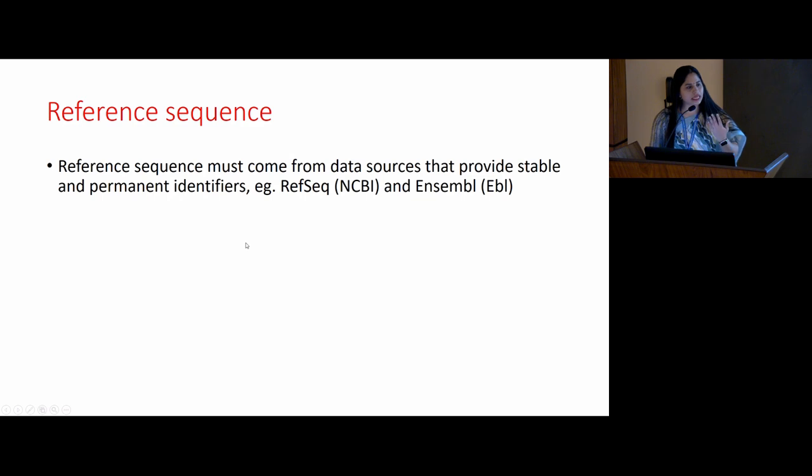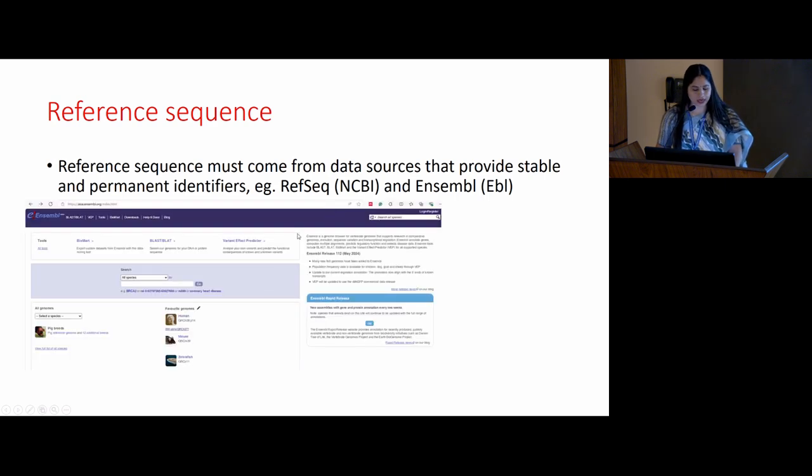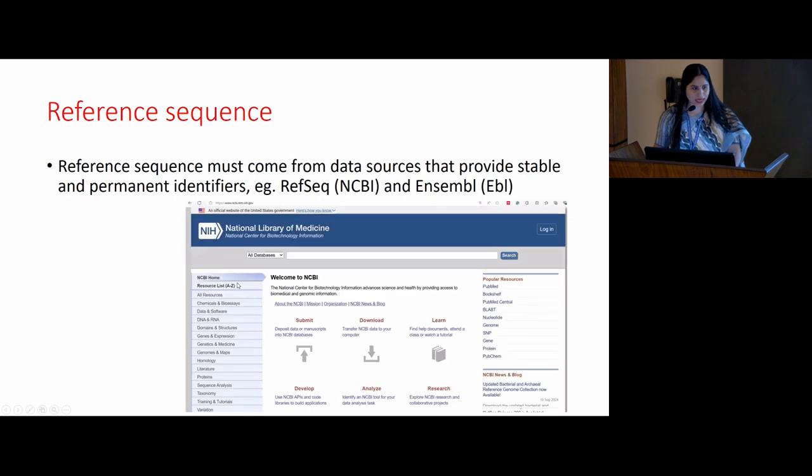First we'll deal with the reference sequence. We had already discussed that when we have to choose a reference sequence, we have to go to authentic places and look for what IDs to select. Permanent identifiers are provided by NCBI and Ensembl, where we can go and choose the RefSeq ID. These are screenshots of the Ensembl and NCBI websites.